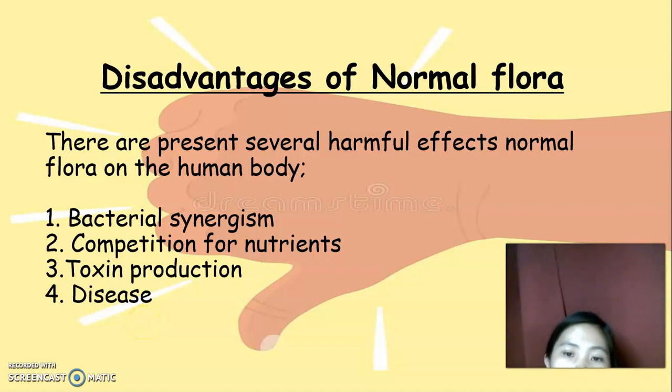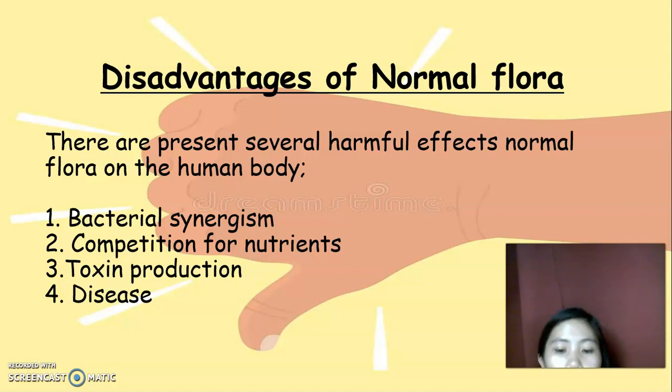There are several harmful effects of normal flora on the human body. Number one is bacterial synergism. This means that normal flora helps other potential pathogens to grow or survive.